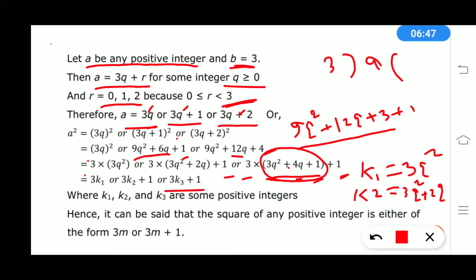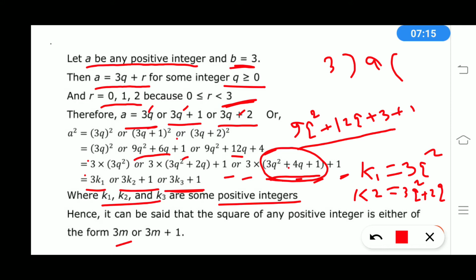So here k1, k2 and k3 are positive integers. If we put k1 equals m, k2 equals m and k3 equals m, then this is 3m, this is 3m plus 1, and this is again 3m plus 1.